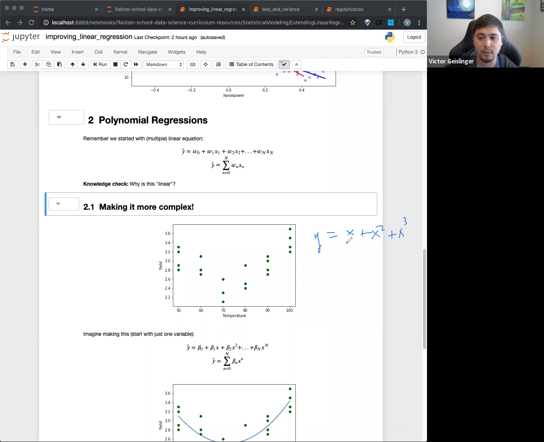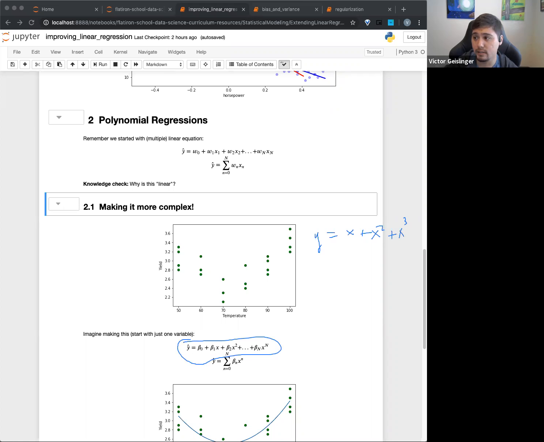So the idea here is we can keep adding different features raised to different powers, added up together, to make a higher degree polynomial for that one feature. Like showing right here, it's essentially linear regression again.